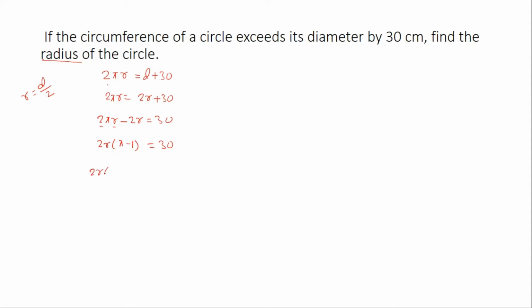Now the value of pi we will take here is 22 by 7, minus 1, equal to 30, or 2r into, if you solve this, you will get 15 by 7, equal to 30, or r is equal to 30 into 7 by 2 into 15. 15 into 2 cancels with 30, so the value of r is 7 centimeter. What is r? r is the radius of the circle.